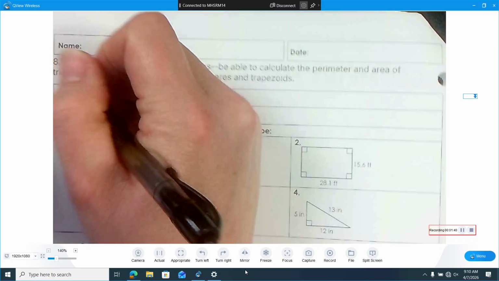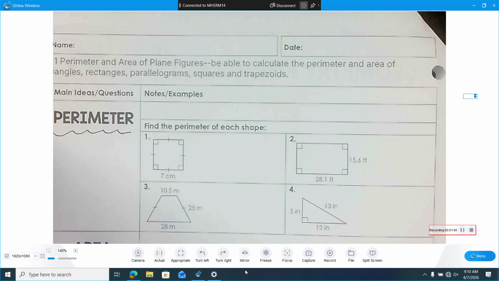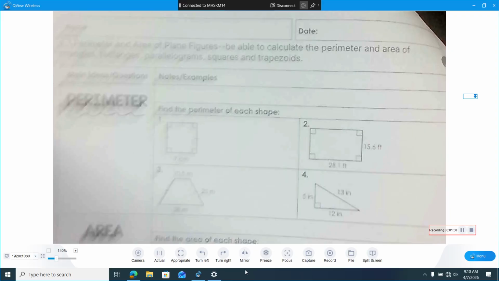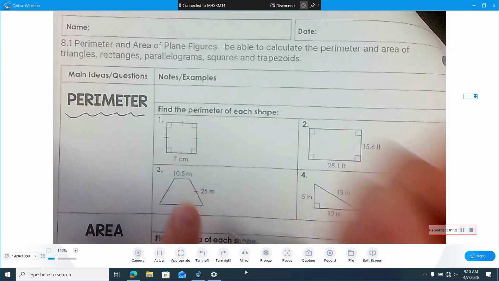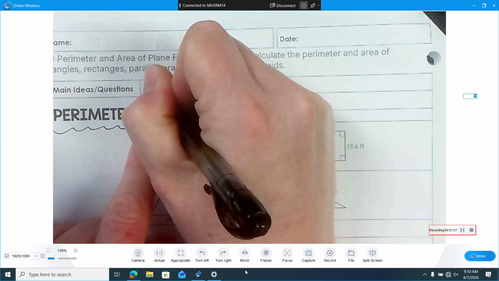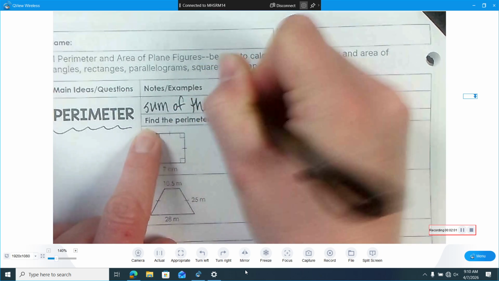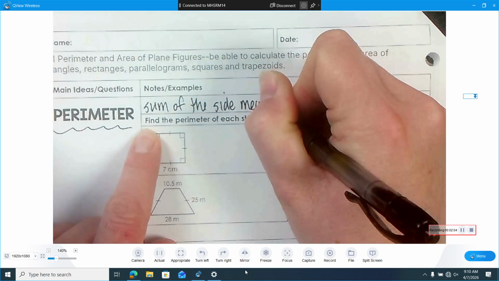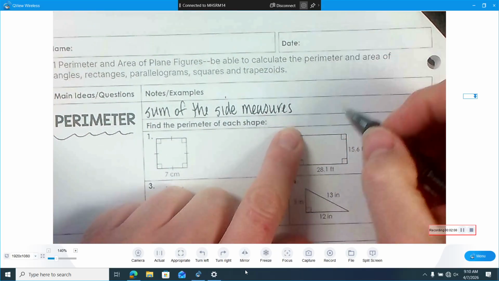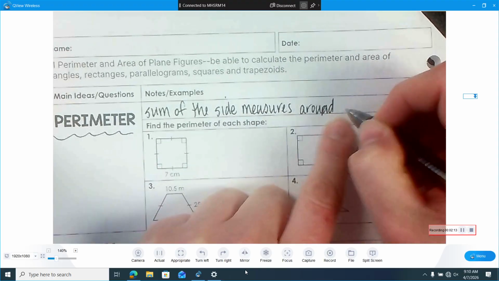So, does anyone know what perimeter is? Yeah, Piper, what is perimeter? The lines all added together. You're exactly right. So, perimeter is the sum of the side measures around a figure.